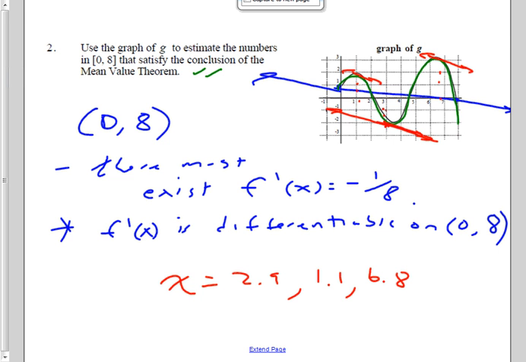But the idea being, on that interval between 0 and 8, there needs to be at least one, but in this case, there were three. 1, 2, 3 places where the instantaneous rate of change equals the average rate of change on that interval.